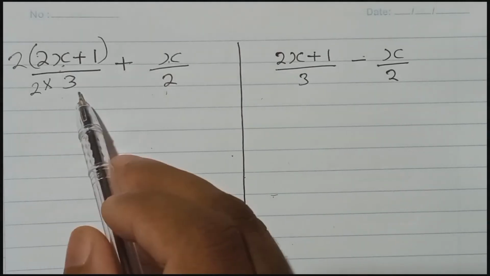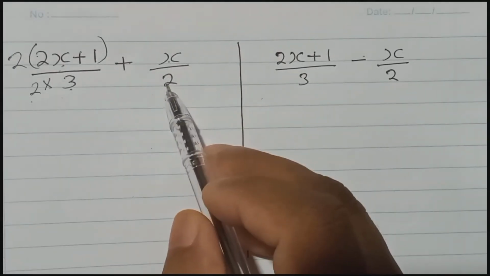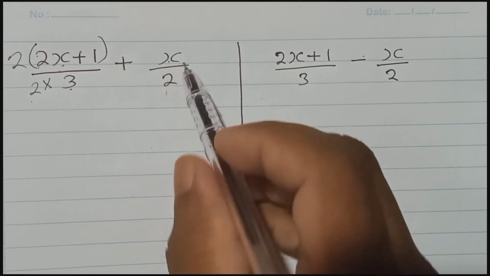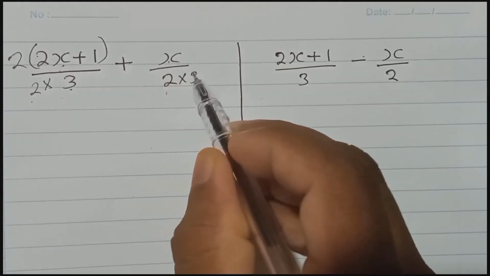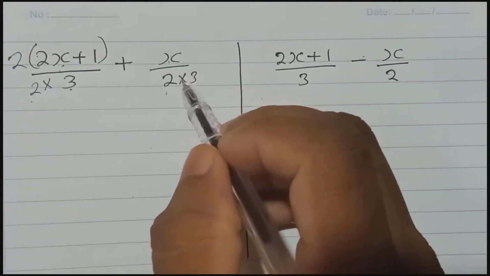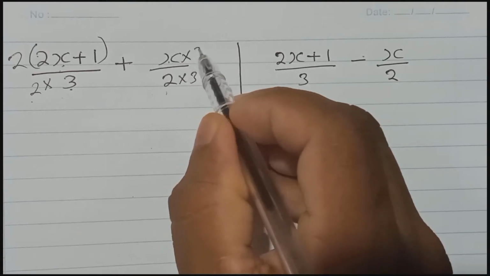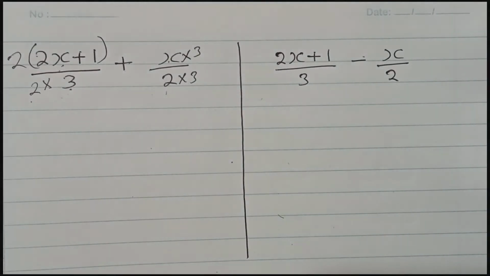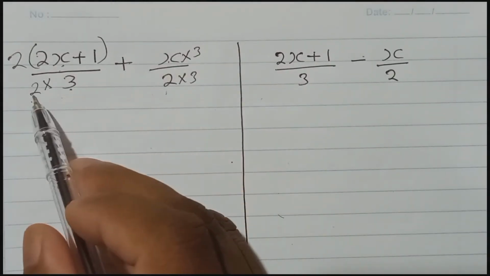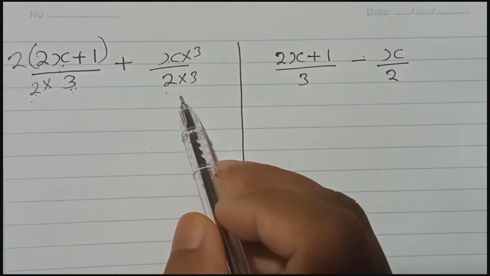Here why do I multiply by 2? Here 2 into 3 you can get 6. Here also you can get 6. How? This 2 you need to multiply by 3. Because in a fraction, numerator and denominator both you can multiply by the same value, so it's okay. That's a rule. So now here 2 into 3 is 6, here also 2 into 3 is 6, you get the same answer.